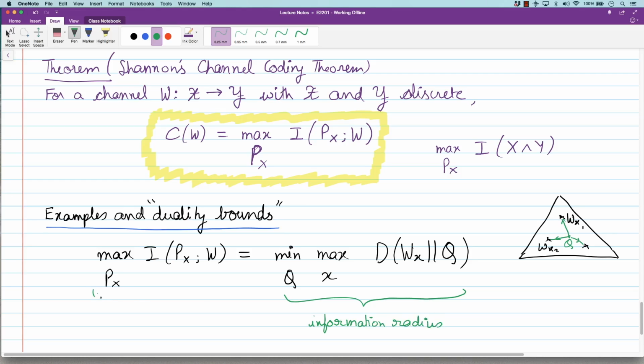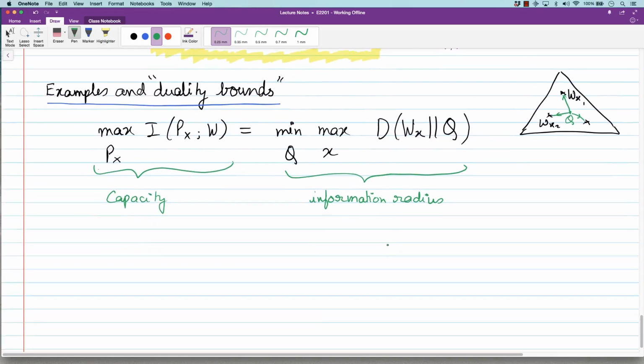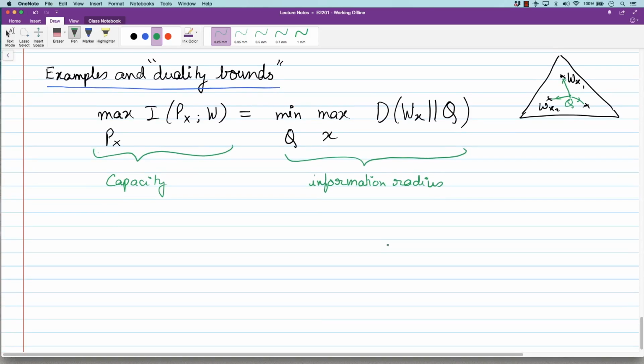And this, of course, is the formula for capacity. This result basically says that capacity equals the information radius. Okay. In particular, these two results together give a nice bound on capacity from both sides.